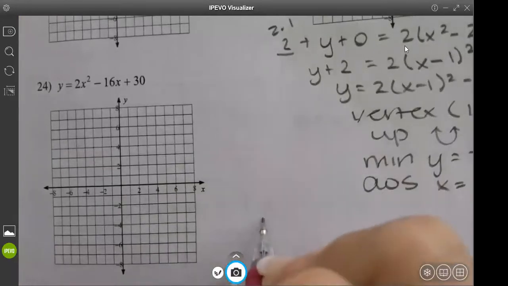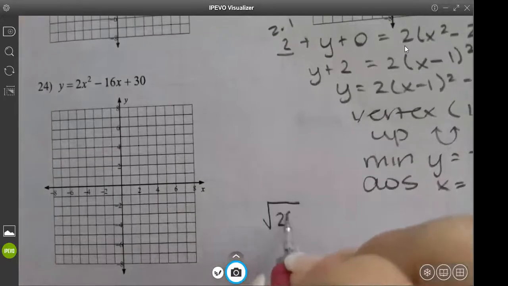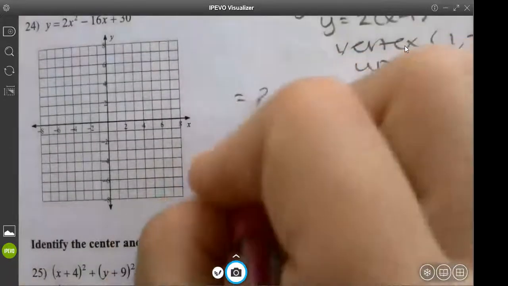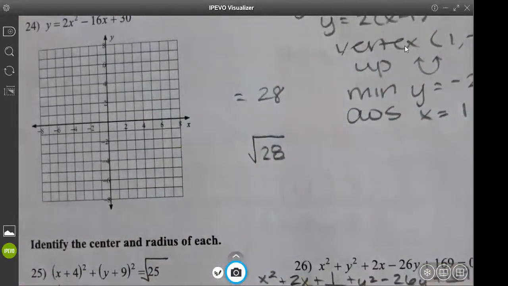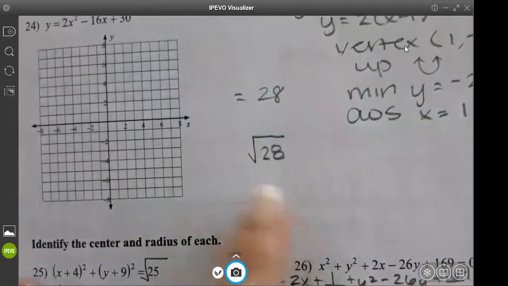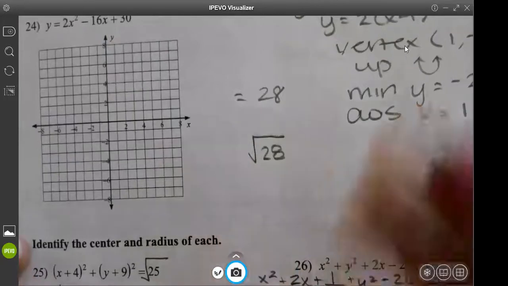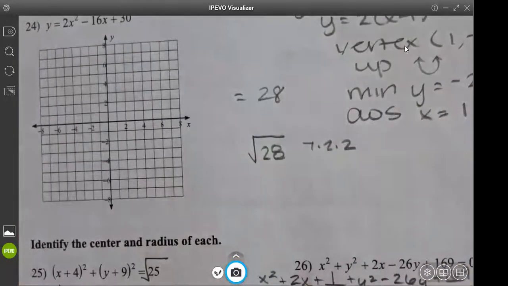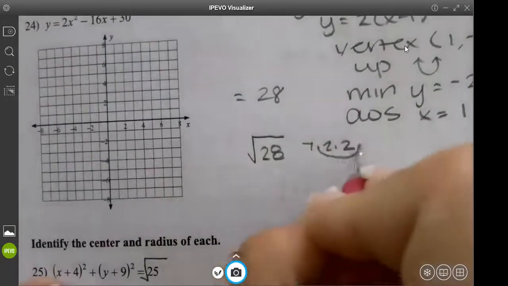All right, just to throw one out there in case it happens. Say you get something like this, so your equation ends in 28. You're not going to have this for your multiple choice answer. What you'll have is 28 is 7 times 4 or 7, 2, and 2. We circle our pairs.